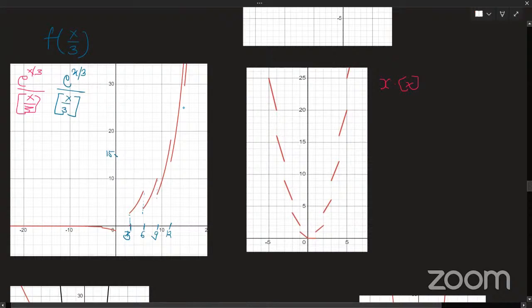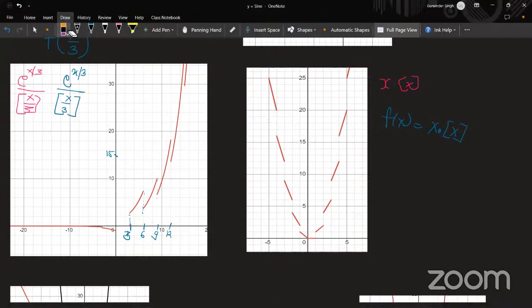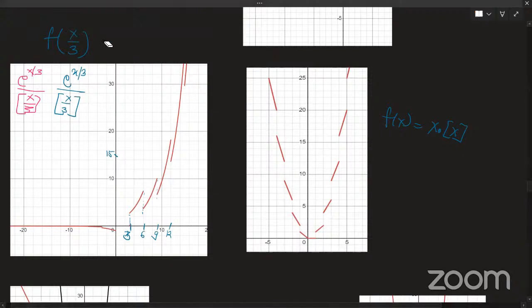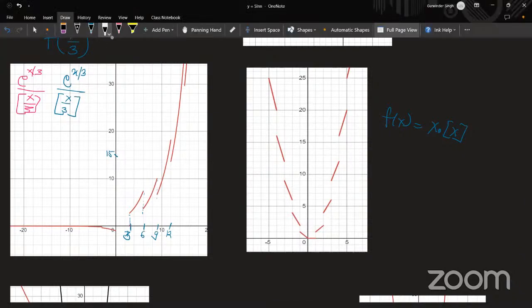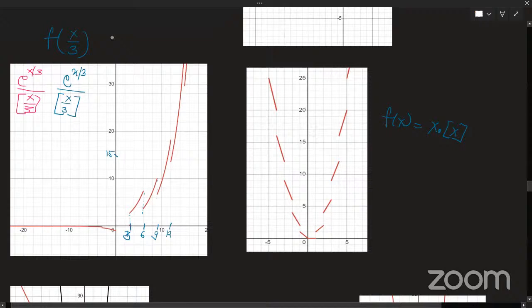Moving on, this is the curve of f of x equal to x multiplied by GIF of x. So what will happen? What will be the slope of the curve? If I have y equal to cx, my slope is c, right?